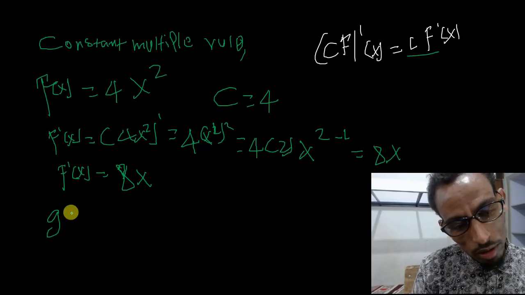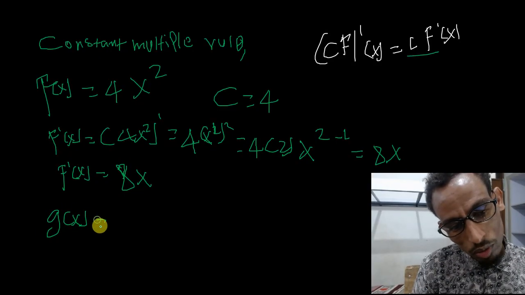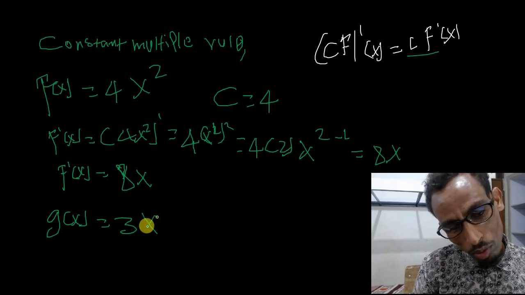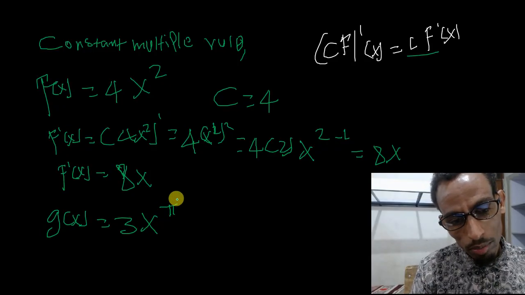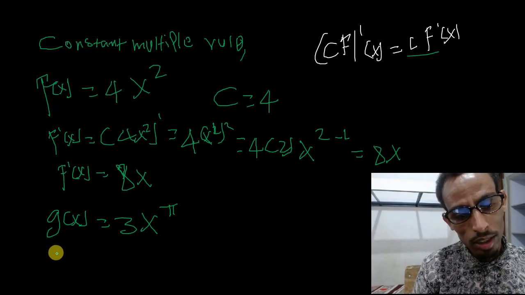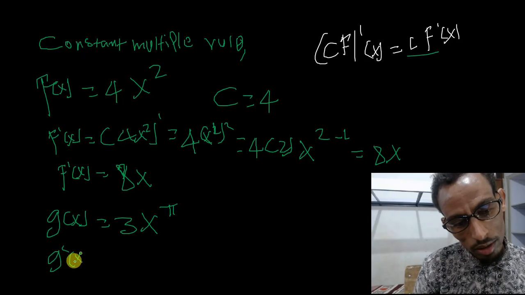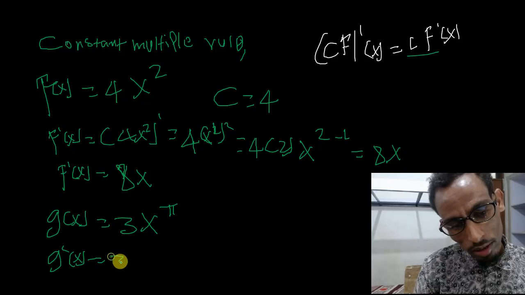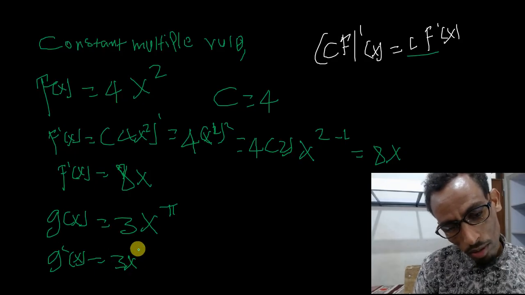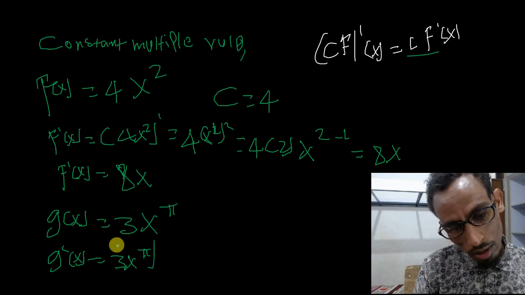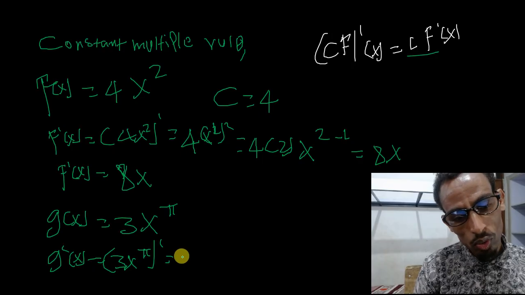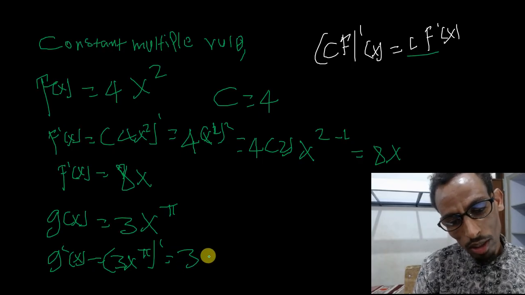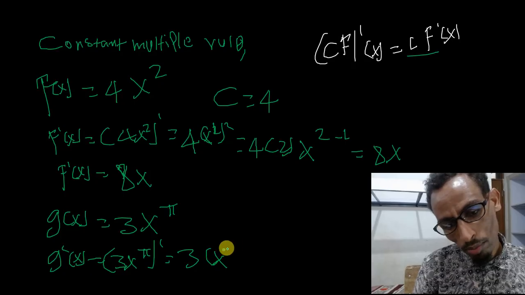Let's say again another example. Let g of x be equal to 3x to the power of pi. Here our exponent is pi and our constant is 3. Then g derivative at x, according to the constant multiple rule, we write as the derivative of 3x to the power of pi. Now we take the constant out of the derivative. That means 3 times the derivative of x to the power of pi.